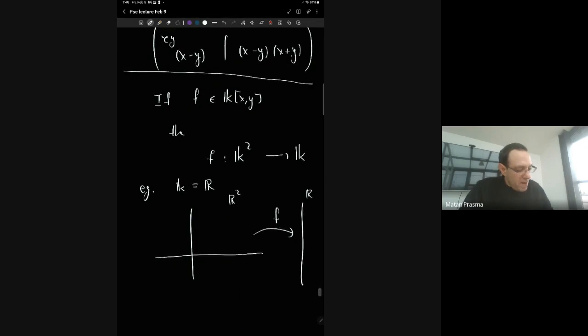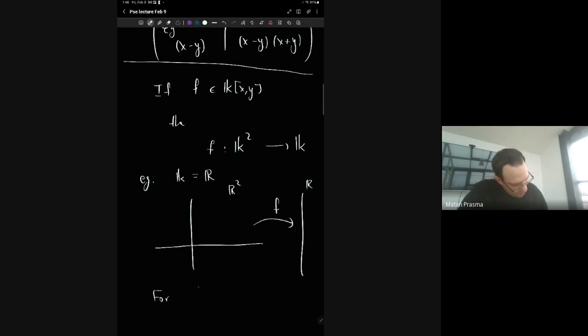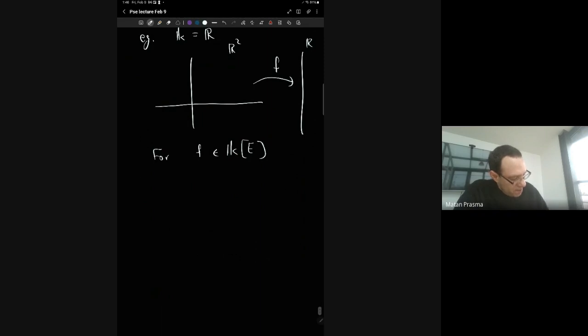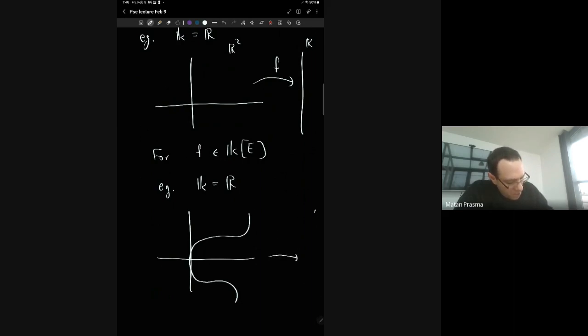Now, if I have a polynomial in K[E], I can still view it as a function that is defined on E. So if you have this curve, then now I can simply look at the polynomial as giving value only on the purple line, and then you get a bunch of points here.